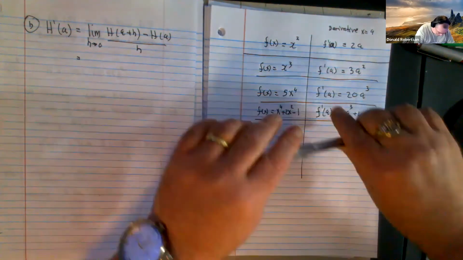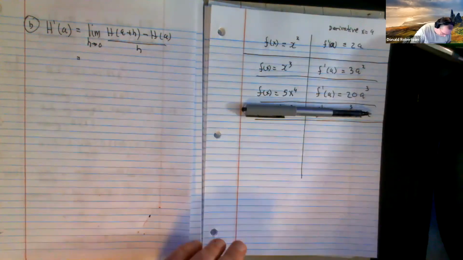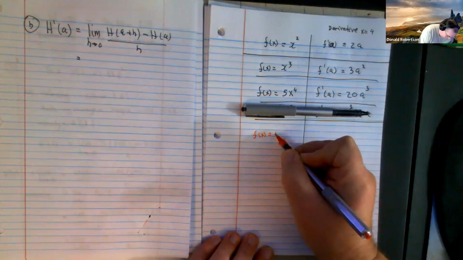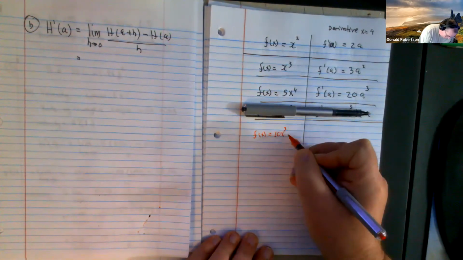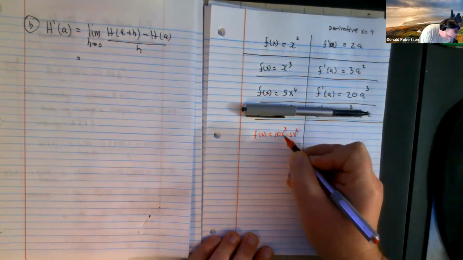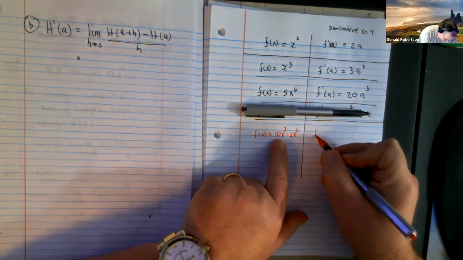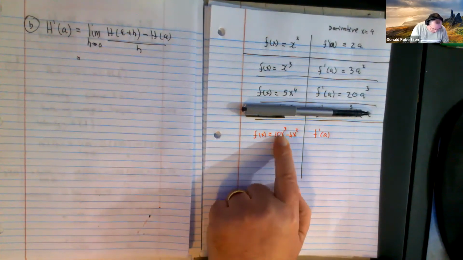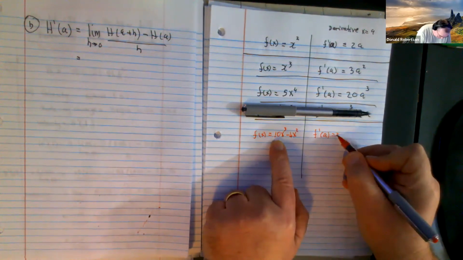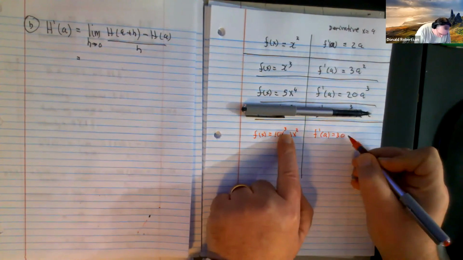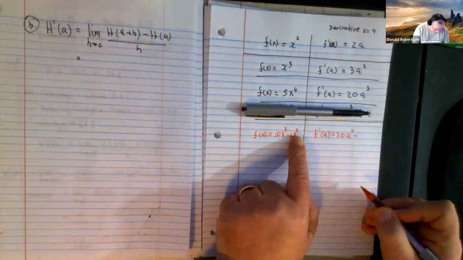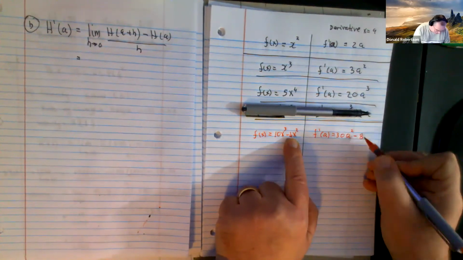So again, I'll hide that one for a little while. If you want to find the derivative at a, multiply by the power, that gets you 30. Reduce the power by 1, you get a squared. Minus, multiply by the power, you get 8.